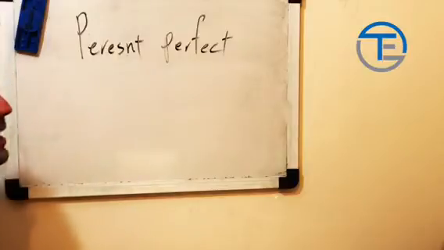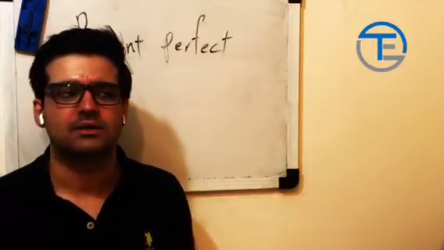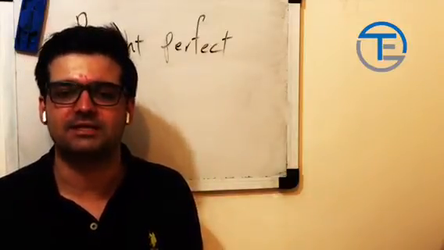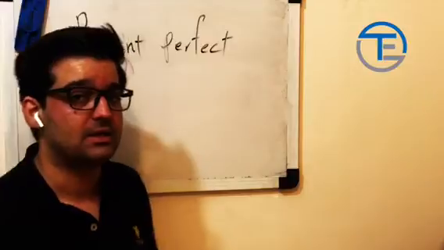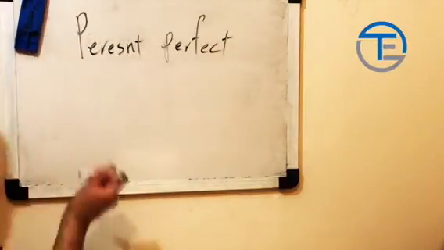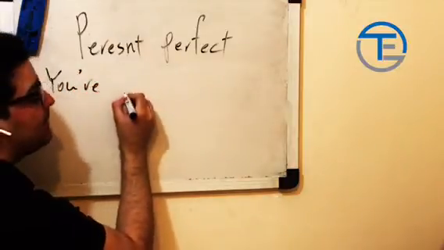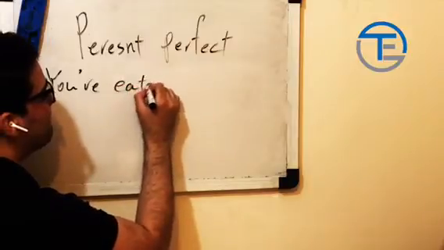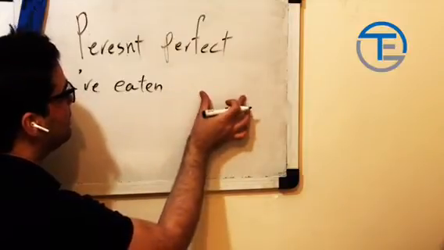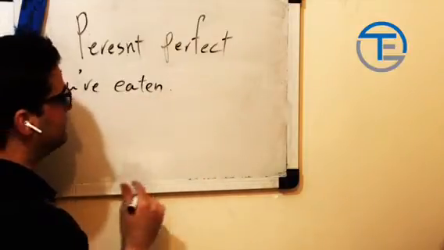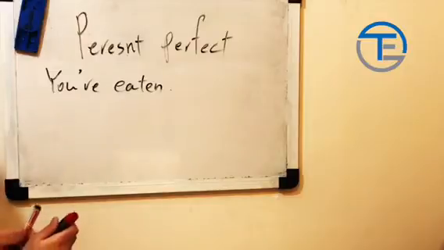Maybe you can see words like just, already, yet in your present perfect sentences. For example, I can say you've, with the past participle of the verb eat, eaten. You've eaten.